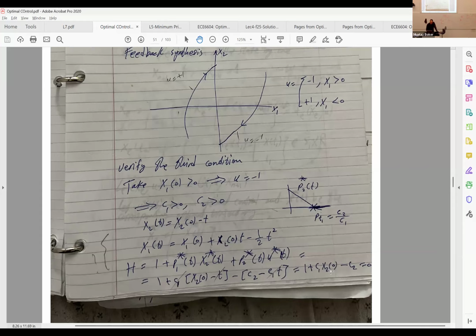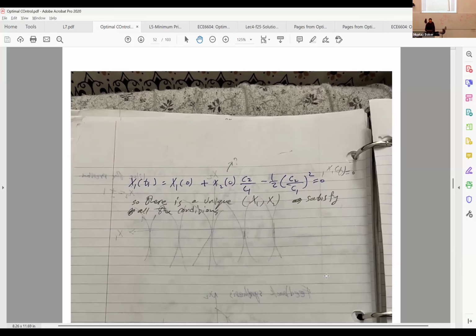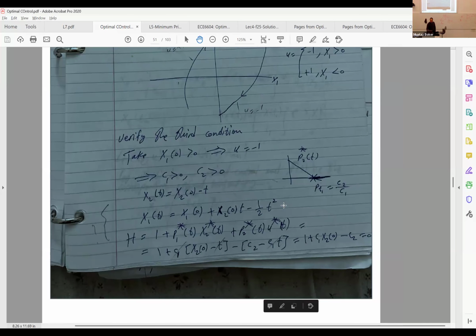This needs to be equal to 0, and for that to happen, X2 of 0 should be equal to C2 minus 1 over C1, which means that there is a unique initial condition for X2 that will satisfy this problem. That's what we want. So everything is well posed. That's what I'm showing you. That's the condition of optimality: H needs to be equal to 0 at the optimal point.